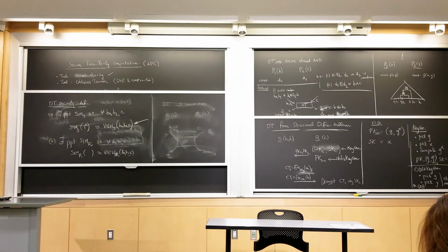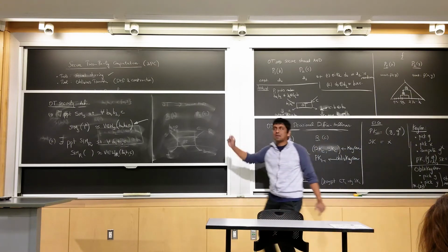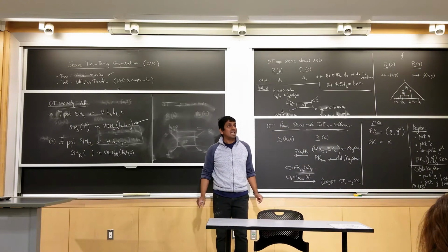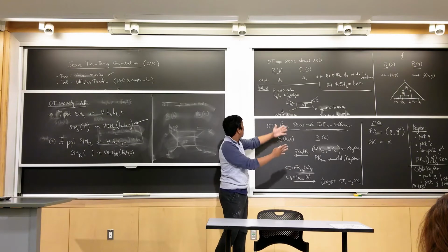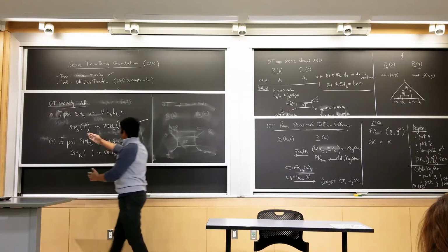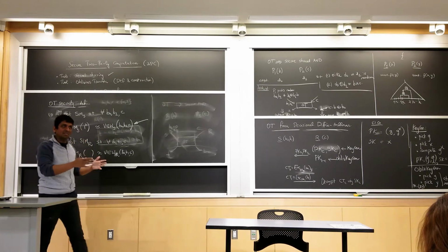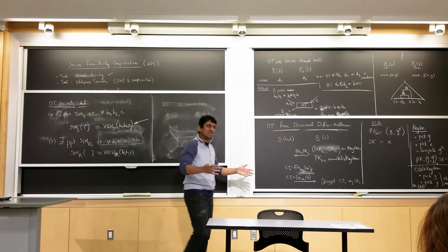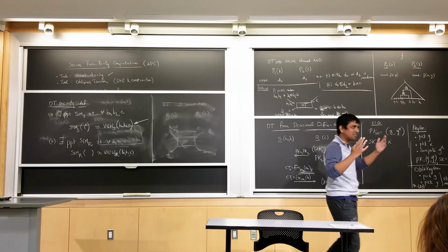On the left-hand side, I want to say this whole view can be simulated given only the answer of the computation. What is supposed to be the answer of the computation when it comes to the sender? Nothing. OT is supposed to give nothing to the sender. Therefore, the simulator gets nothing. In other words, just the security parameter, because he wants runtime polynomial in the security parameter, the same trope.